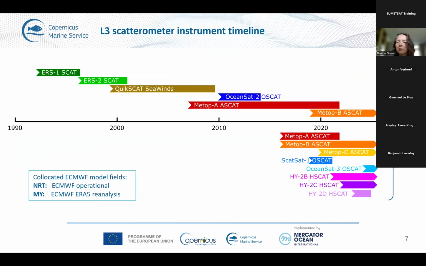We add them as soon as they are released, and the quality is sufficient. And currently we have 5 operational satellites, 2 ASCAT instruments, 1 OSCAT, and 2 HSCAT. And regarding the collocated ECMWF model fields, there's operational model winds in the near real-time product, and for the multi-year product, we use ERA5 reanalysis winds.